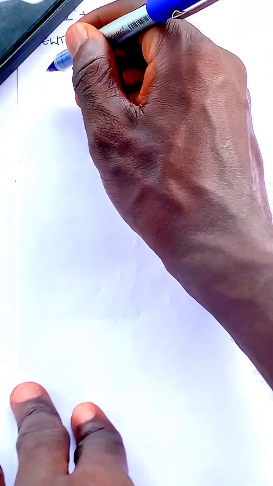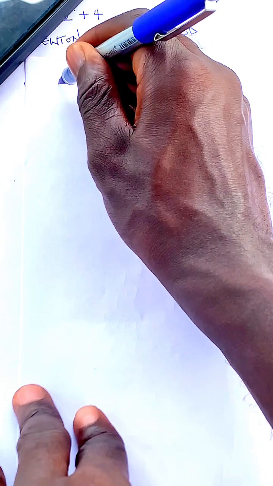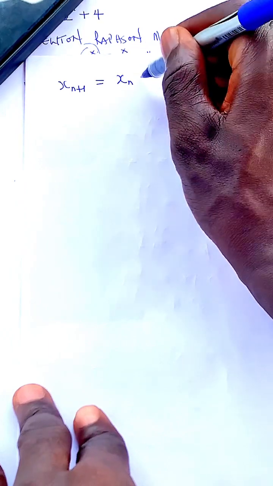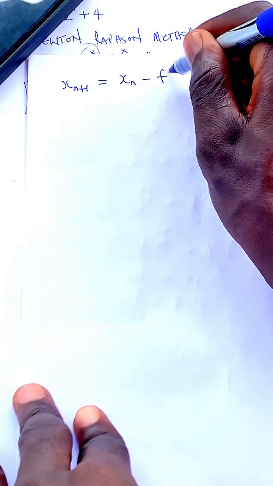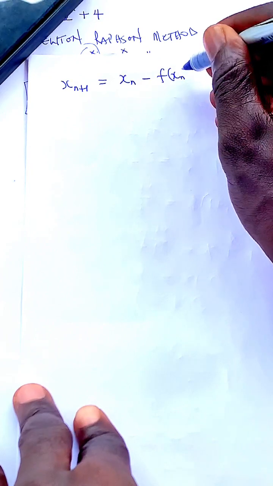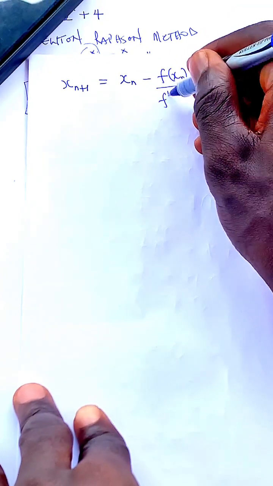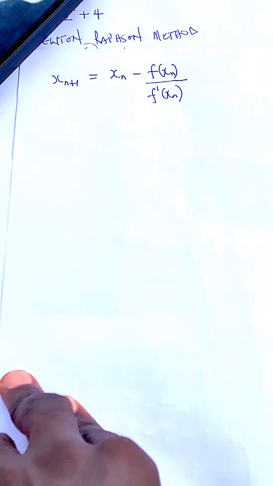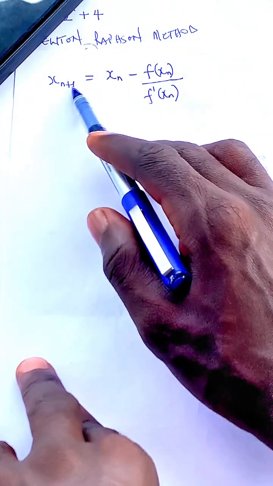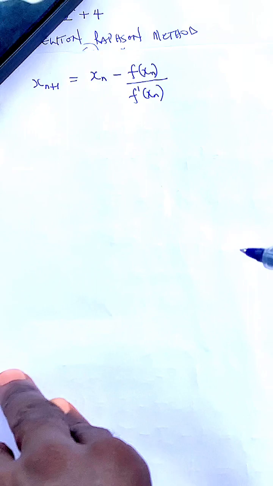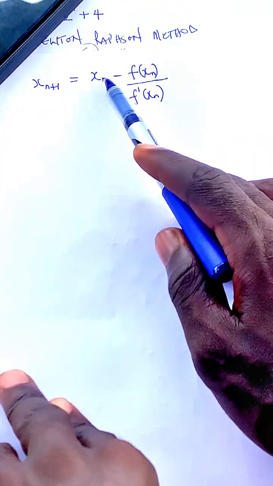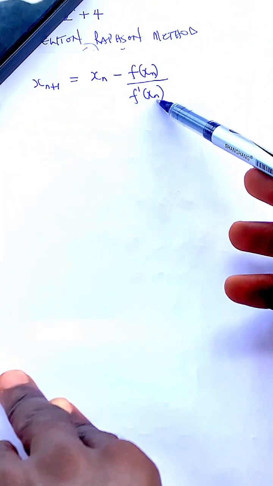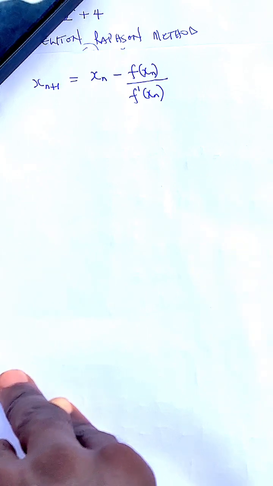Now, here is the formula. x n plus 1 is equal to x n minus f of x n all over f prime of x n. This formula should not confuse you, all right? This x n plus 1 means the next root. It's an iteration. Then this x n is the current root. You see now that they are all the same here. This f prime of x is the differentiation that we made.